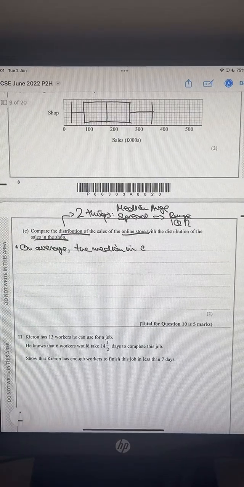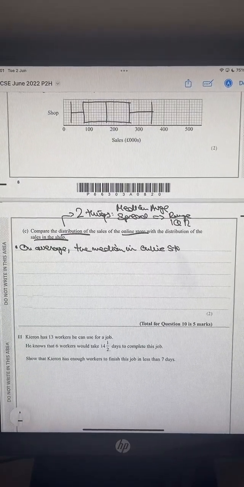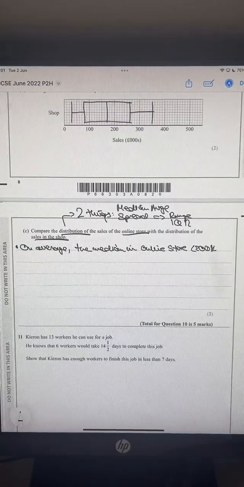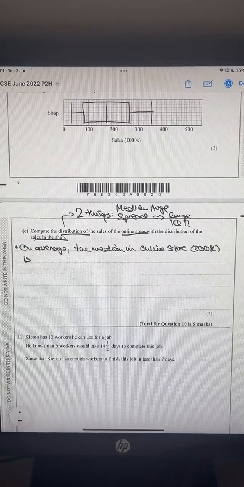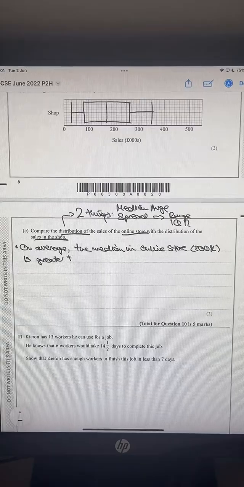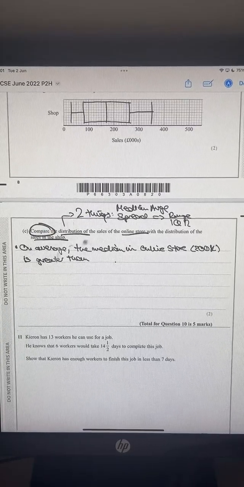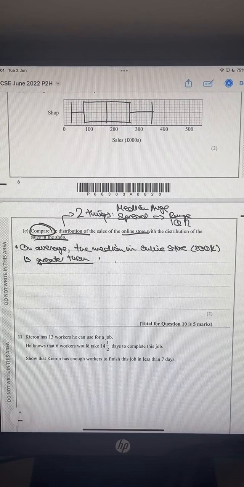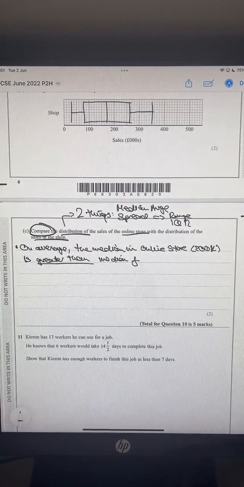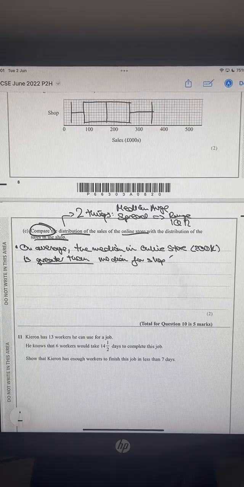So the median in online store of 200K is greater than, and you need to have the comparison because they want you to compare, the median for the shop, which is 170K, by 30K.